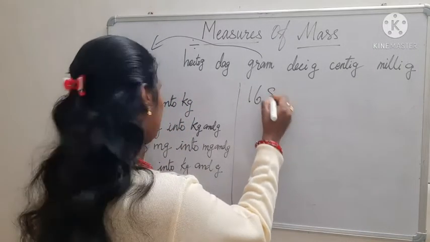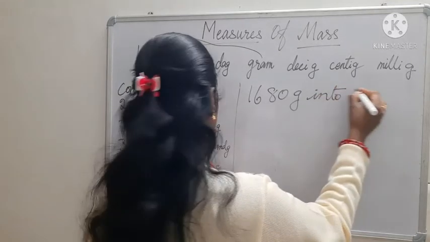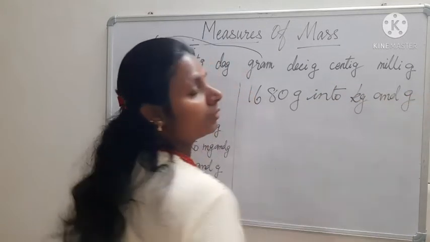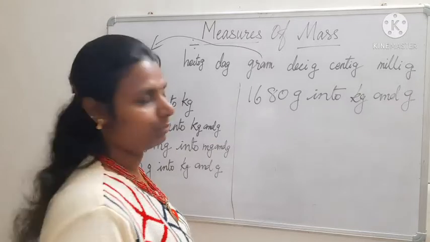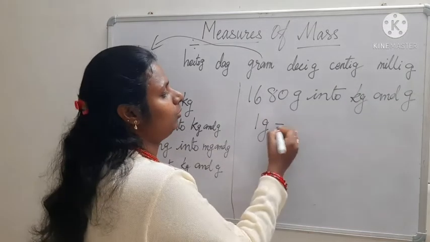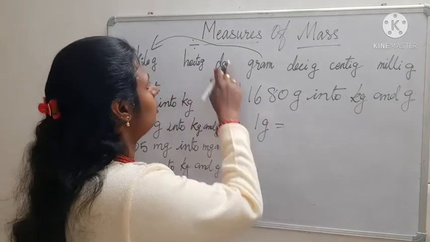1680 gram into kilogram and gram. Okay. So again 1 gram is equal to, we are going to convert into kilogram. So that means 1, 2, 3.